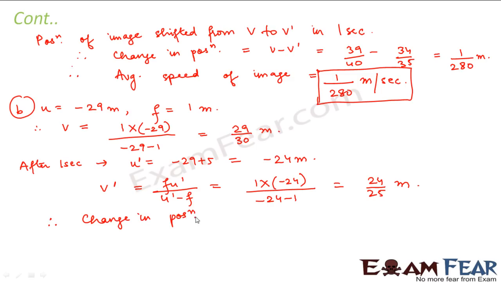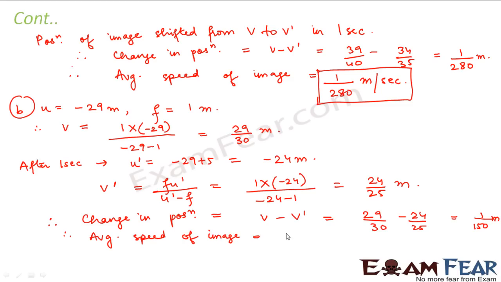So change in position in 1 second is equal to v minus v dash, which is equal to 29 by 30 minus 24 by 25. This comes out to be 1 by 150 meters. Therefore, in this case, the average speed of the image will be equal to 1 by 150 meter per second.